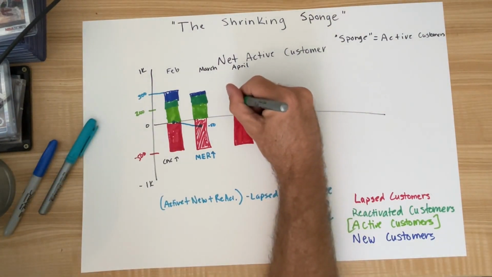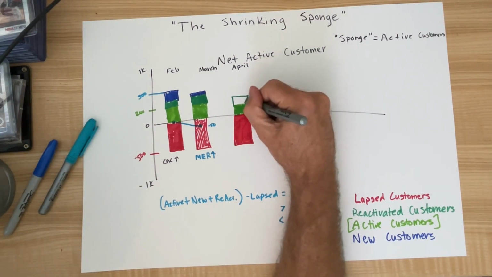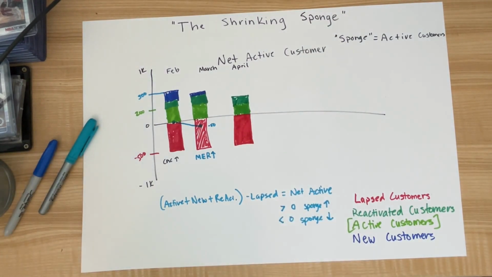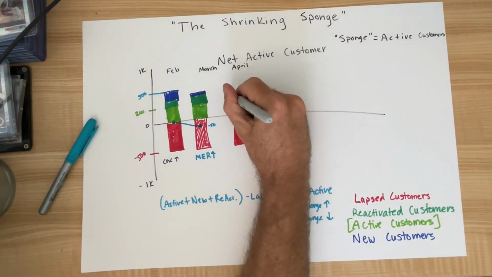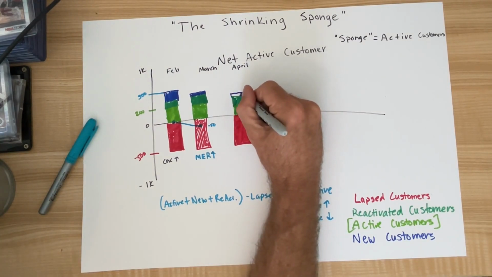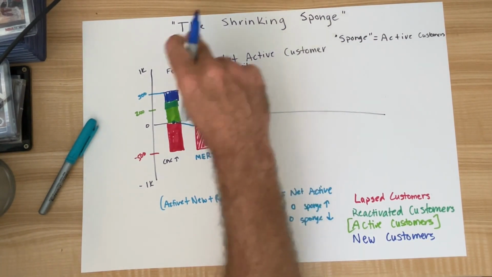Maybe they're having some success at reactivating some of these lapsed customers. But again, if I'm continuing to reduce focus on new customer acquisition, you can see the trend line of where this is headed. You have in real time what I call the shrinking sponge effect.